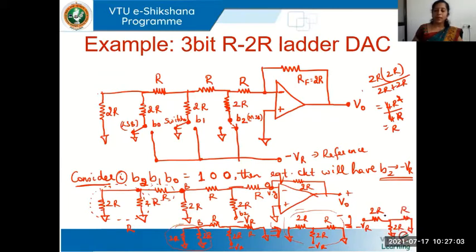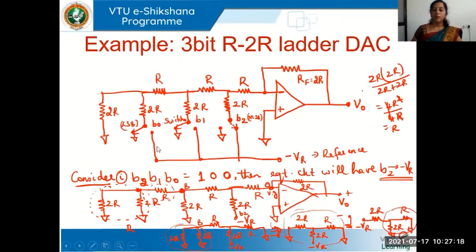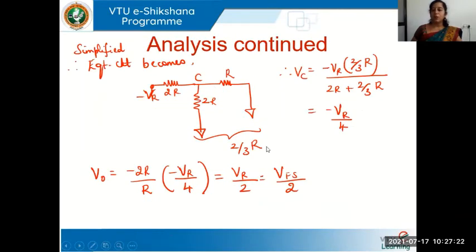So what am I having here? It's a parallel combination of R with 2R in series with 2R which is connected to minus VR. That's what we have written here. So the simplified equivalent circuit for this combination of digital input comes to this form.